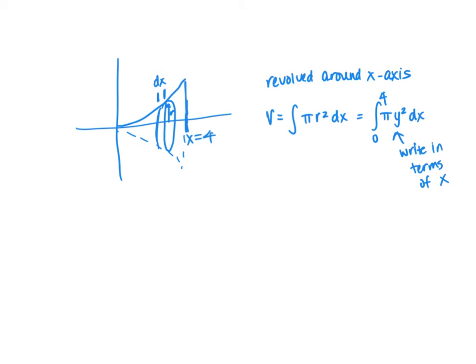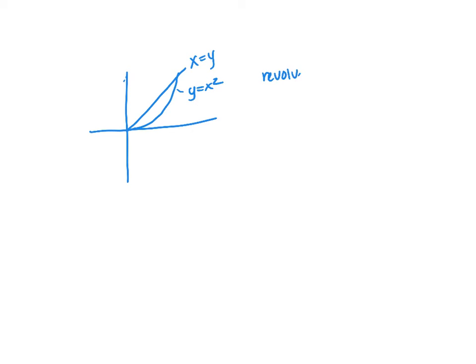Now, one more thing I want to show you about the disks is what if I have a shape that has a hole in it. What if I did something like x equals y, and y equals x squared, and I revolve around the y-axis.